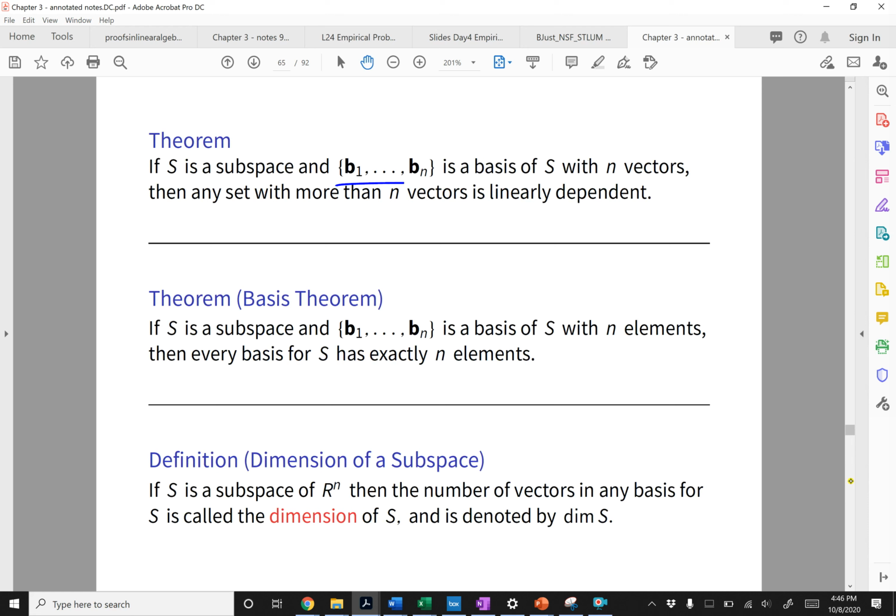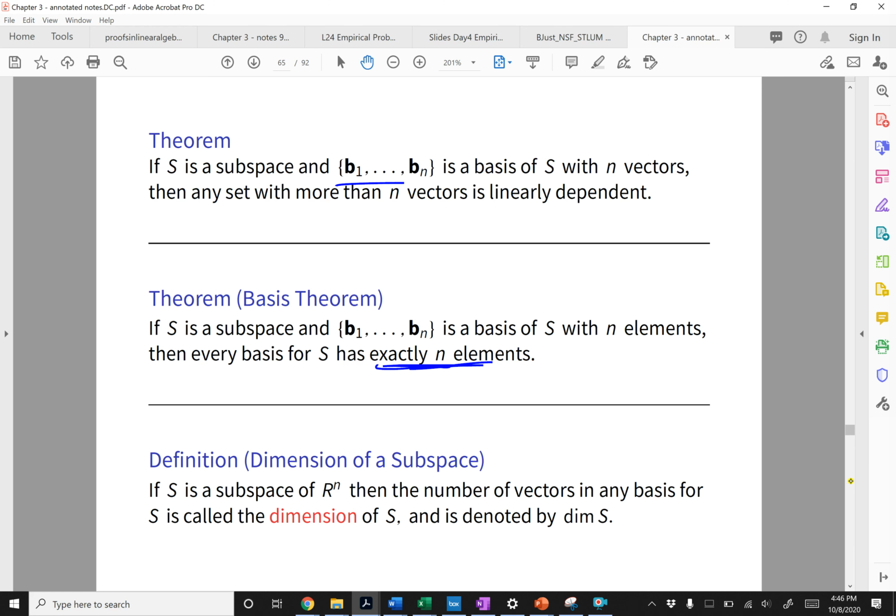The basis theorem: if S is a subspace and B is a basis of S with n elements, then every basis for S has exactly n elements. Okay, you need a vector for every dimension, and a vector that's linearly independent of all the others for every dimension.